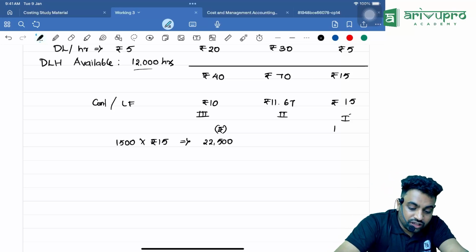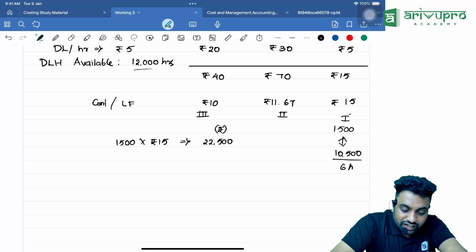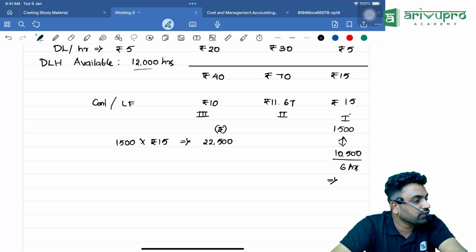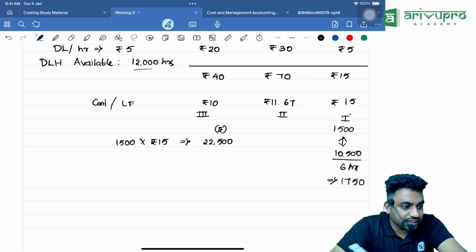Now guys, B. But here only 1,500 hours are done, which means remaining number of hours are 10,500. In the 10,500, if I use 6 hours for each unit, how many units of B can I produce? 1,750.